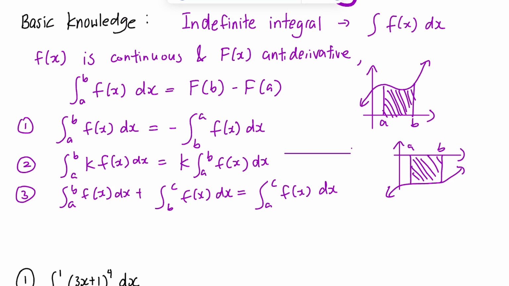Let me just draw a graph. Let's say that. And now we have a, b, and c. So here, the first one is from a to b. Okay? And then the second one is from b to c, right? Well, if you take a look at that, that's the exact same thing as the area from a to c. Okay?